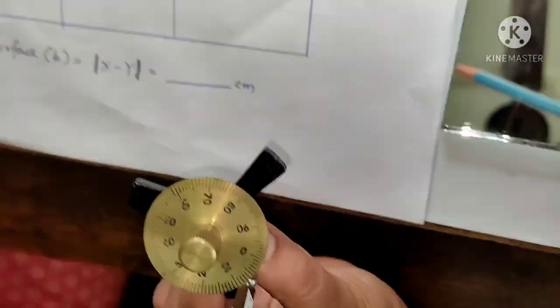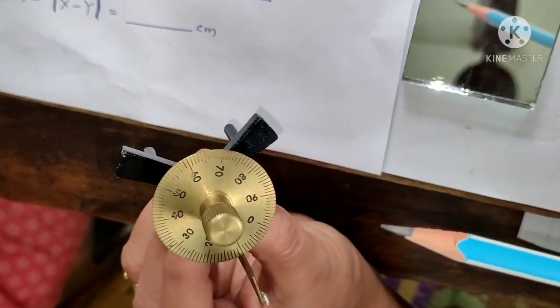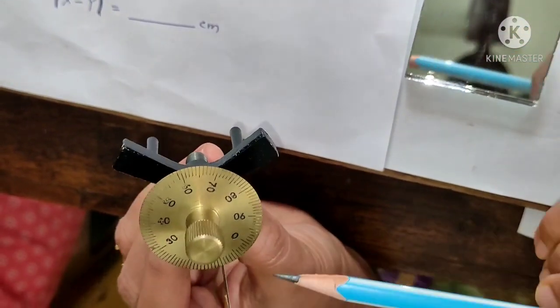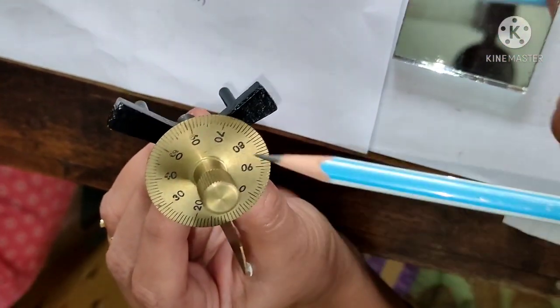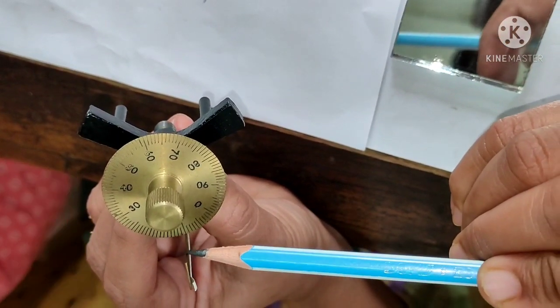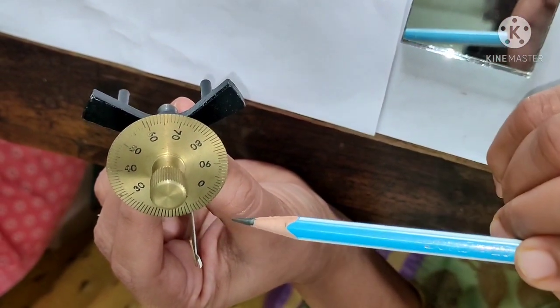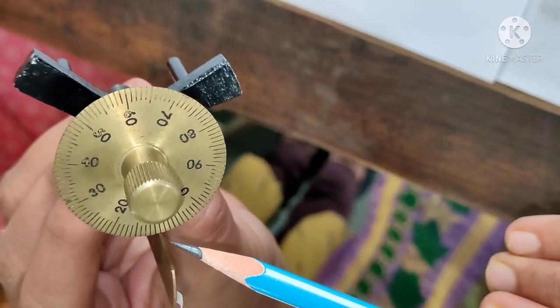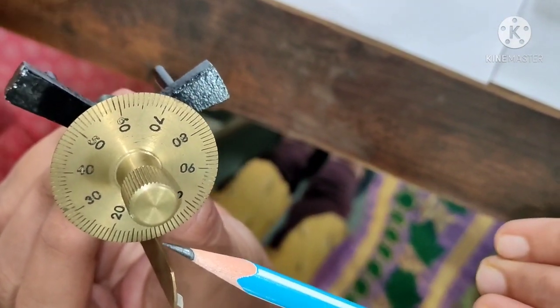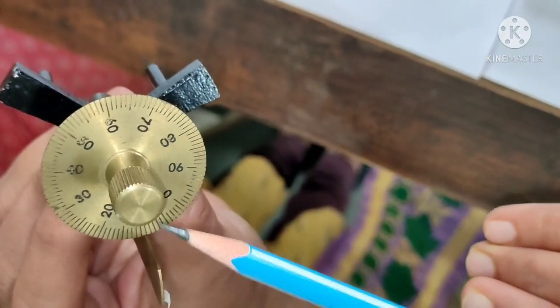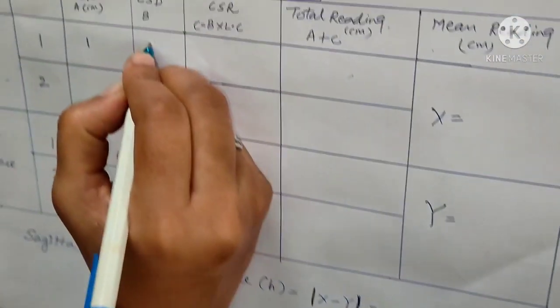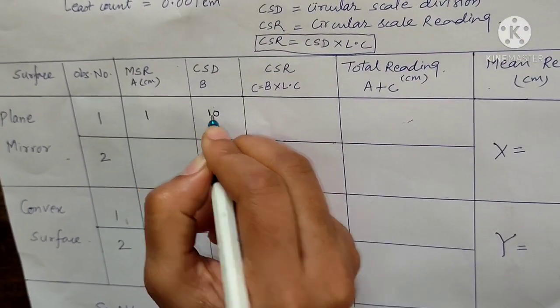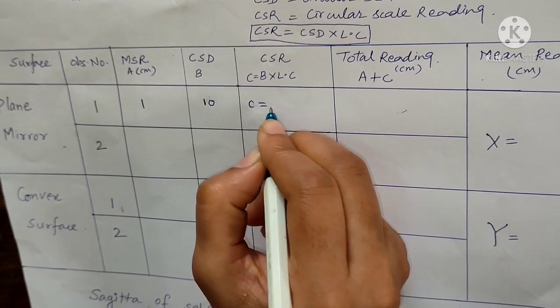Then the circular scale division. To find the circular scale division, we have to see which division on the circular scale is coinciding with the edge of this vertical scale. And now you can see that division number 10 is coinciding with the edge of this vertical scale. So the circular scale division is 10. So in the second column you will write 10.